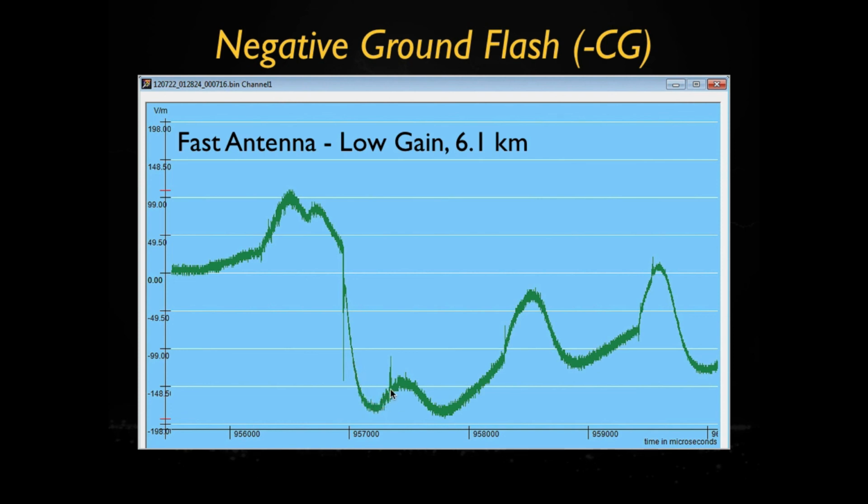We get a little sharp response during the development of the recoil leader. It connects with the main channel, and we see the negative deviation due to the M component brightening. Same thing here, we see the recoil leader initiate. There's a little impulse during its formation, M component brightening, and the pattern is repeated.